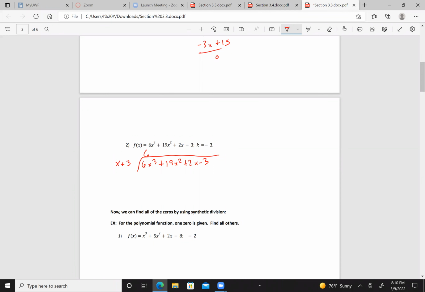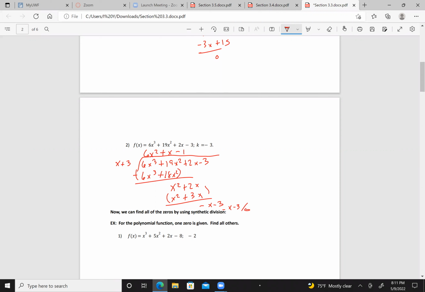Again, using our division, x goes into 6x cubed 6x squared times. 6x squared times x is 6x cubed. 6x squared times 3 is plus 18x squared. Subtracting the whole thing, I have x squared plus 2x. So I multiply by x, which gives me x squared plus 3x. I subtract again, I get negative x minus 3, then negative 1 times x plus 3 gives negative x minus 3, and the remainder is 0.